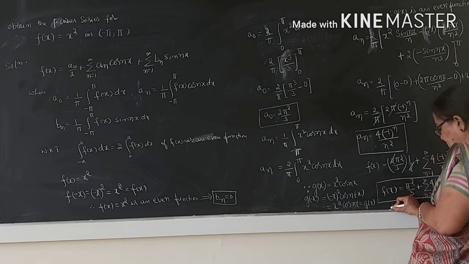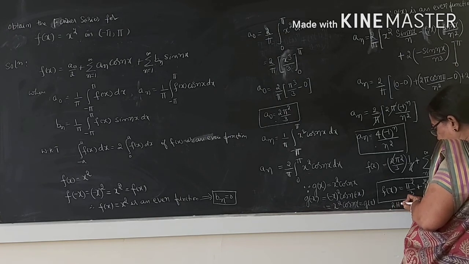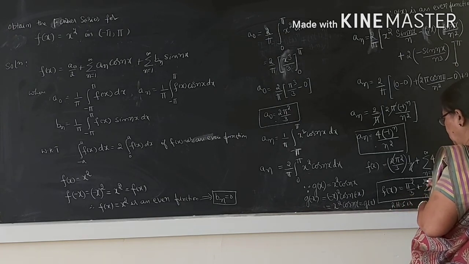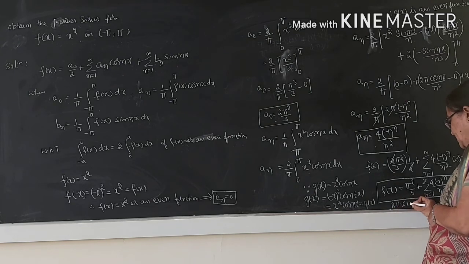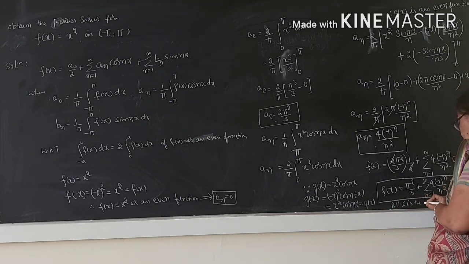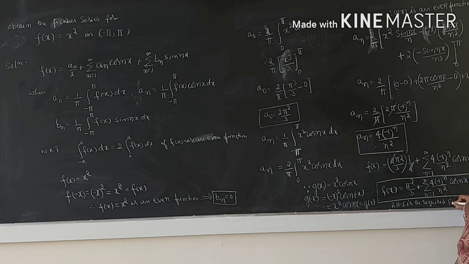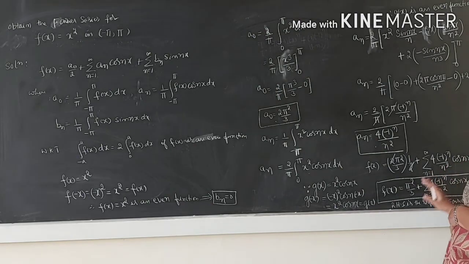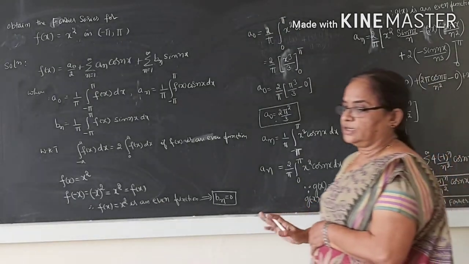Here RHS means the term on RHS is the required Fourier series for the given function. Is it okay?